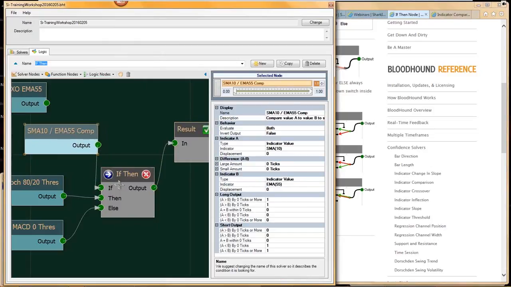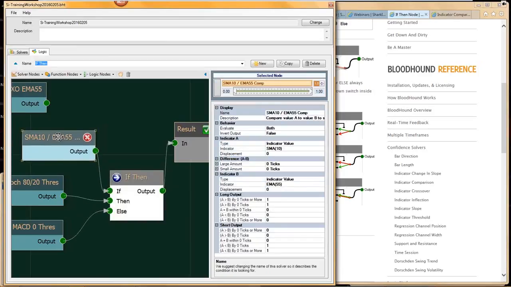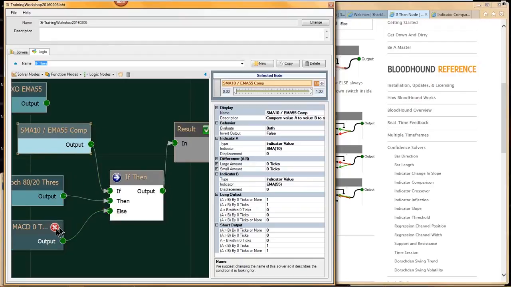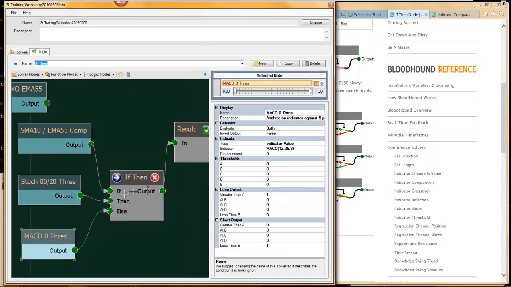So to summarize the use of this node, you've got a set of logic that controls the switch, and then you have other logic here that decides what goes through to the output.